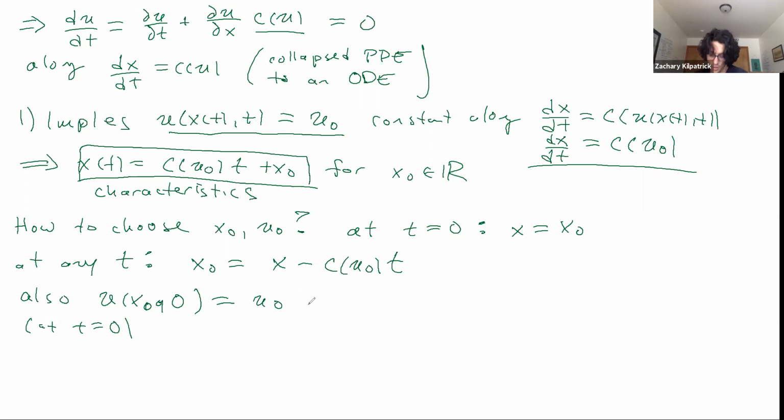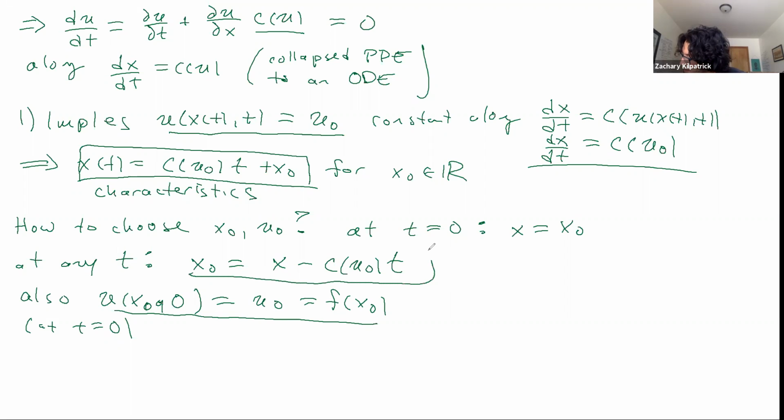But I know what u of x0 is. It should be equal to f of x0, right? This is just using my initial condition of my original PDE, okay? So I know what x0 is everywhere, okay? I know what u of x0, 0 is, okay?